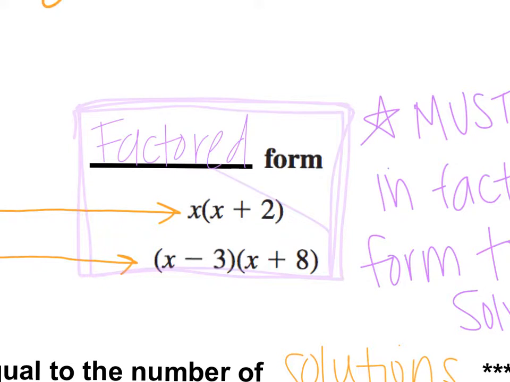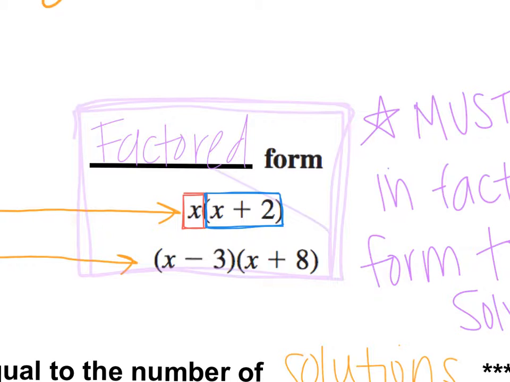So I want you to think about this form in parts. This term out here, this GCF that we took out, is one part. And this set of parentheses right here is another part. So does everyone see where the parts kind of break up? So I'd have 2 parts right there, which means I'd have how many solutions? 2. Good.